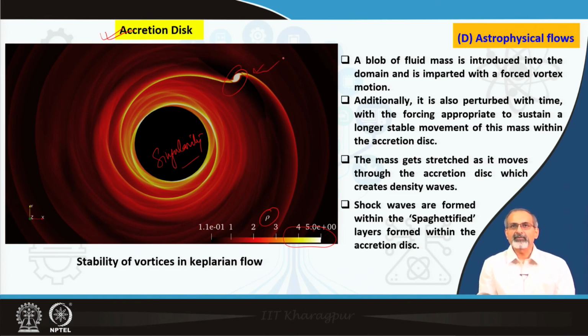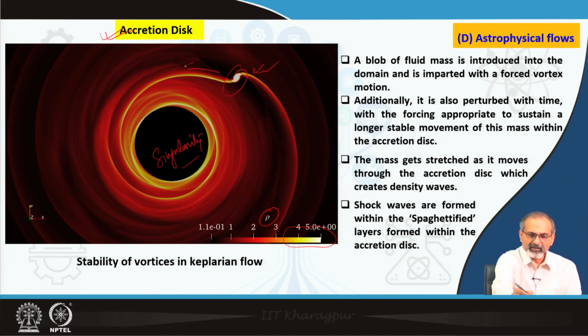Additionally, it is also perturbed with time, with forcing appropriate to sustain a longer stable movement of this mass within the accretion disk. As it moves through the accretion disk, the mass gets stretched, and it creates density waves. So, you can see the elongating effect that is happening over time.